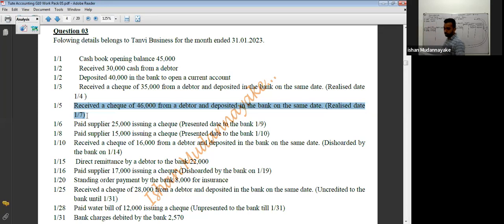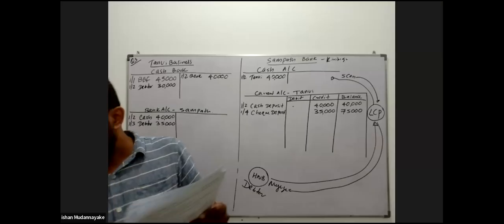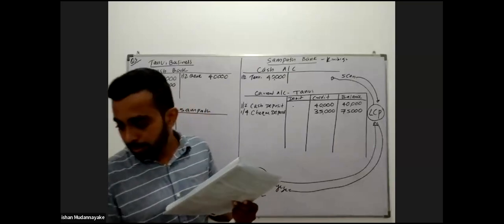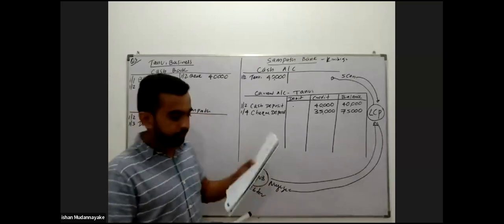On 5th January, Thane deposited this check in her current account, but the realized date is 7 January.